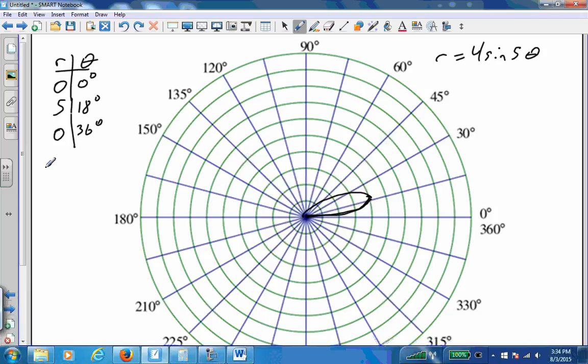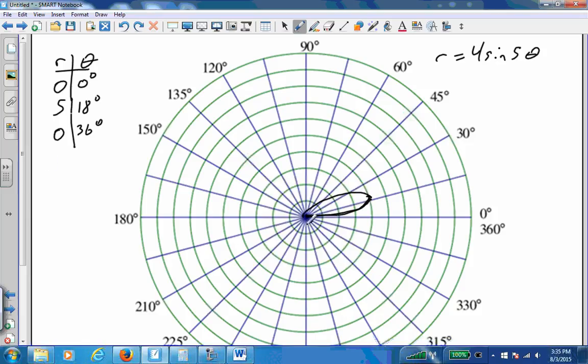We were a little careless earlier when we said, well, if our tips are 72 degrees apart, then we do have zeros 72 degrees apart, but if you think about each petal is 0 twice, 5 petals, 0 twice for each one, that's 10, 360 divided by 10 is 36.